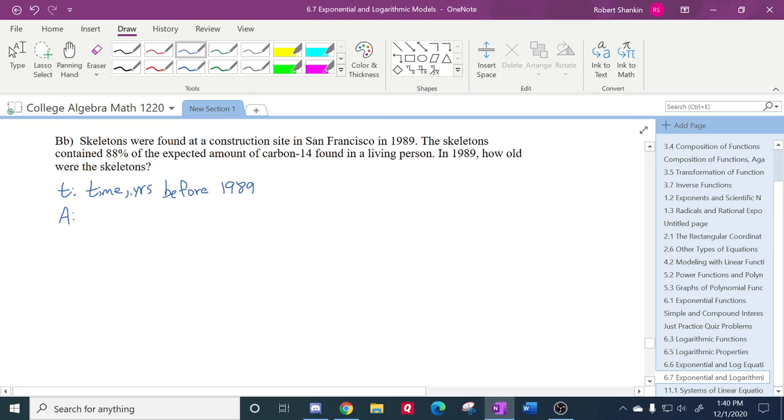If we got 1,000 for T, that would mean it's 1,000 years old. And then the A is again going to be the amount of carbon-14 in kilograms.